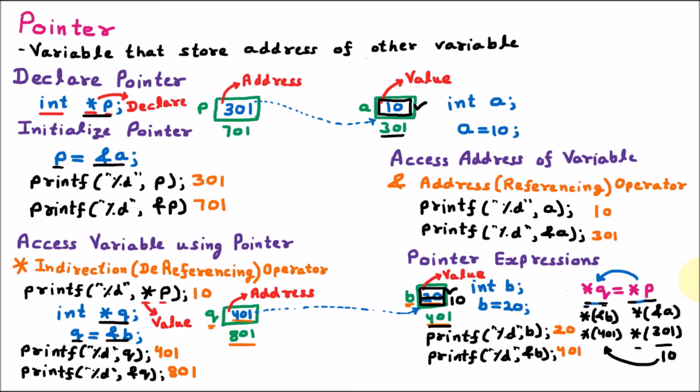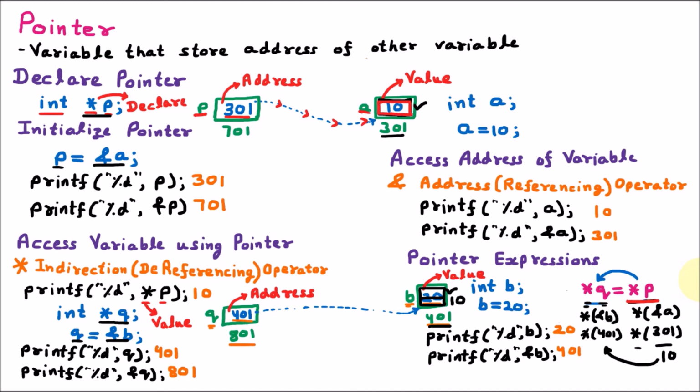So simply understand that *p means the value where pointer p is pointing. Pointer p has address 301, that means the pointer is pointing to the address of a. Now a's value portion is 10.